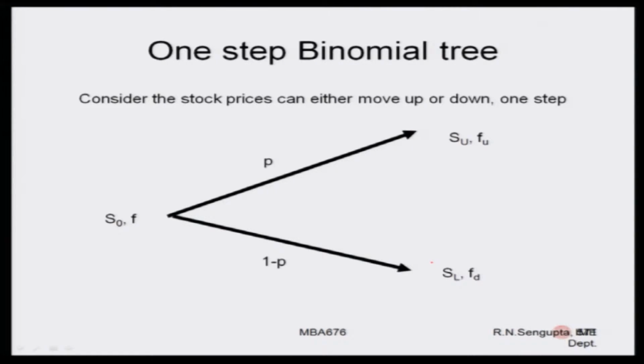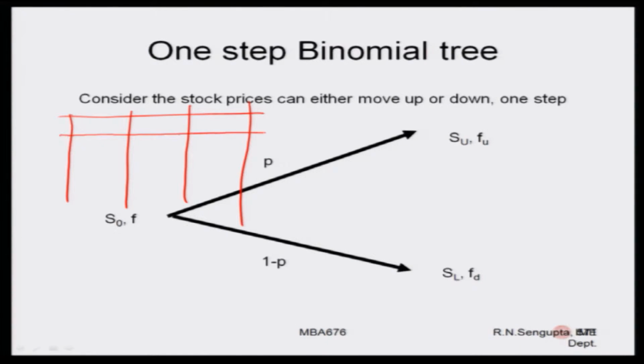So, let us now consider symbols in much more explicit detail. Consider that the stock price can either move up or down in one step. Now the question is, what is that one step? Let me draw a diagram explicitly. Consider these are grids, and the grids have horizontal lines, and consider this point is somewhere here.